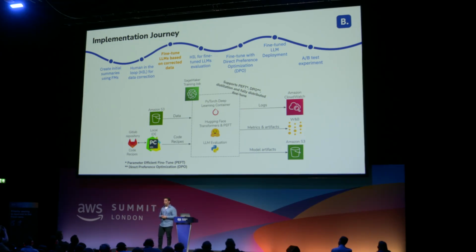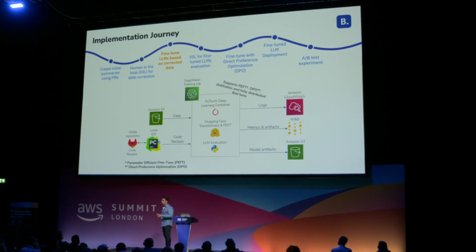we created an infrastructure to fine-tune our models. In this infrastructure, we store our data in Amazon S3, and then the scientist needs to define a recipe, which includes the data arguments, the model arguments, and the training arguments.